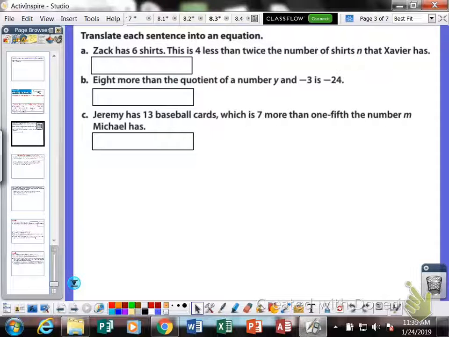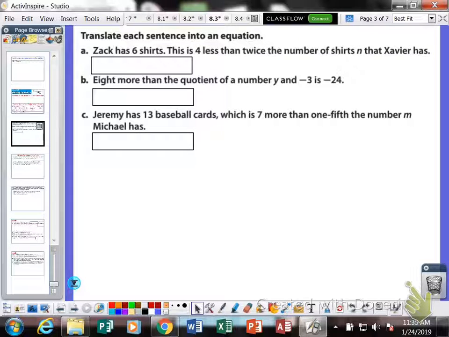Alright, let's look at our first problem. We have: translate each sentence into an equation. A says Zach has 6 shirts. This is 4 less than twice the number of shirts N that Xavier has.